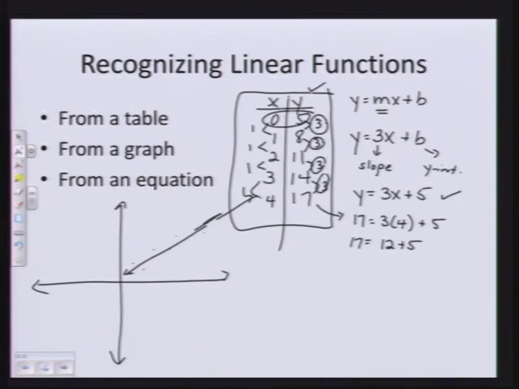So I can look at the data points and see, does it appear that they all look close to lying on the same straight line? From the equation, of course, you know that if it's in the form of y equals mx plus b, that it is a linear relationship, a linear function.